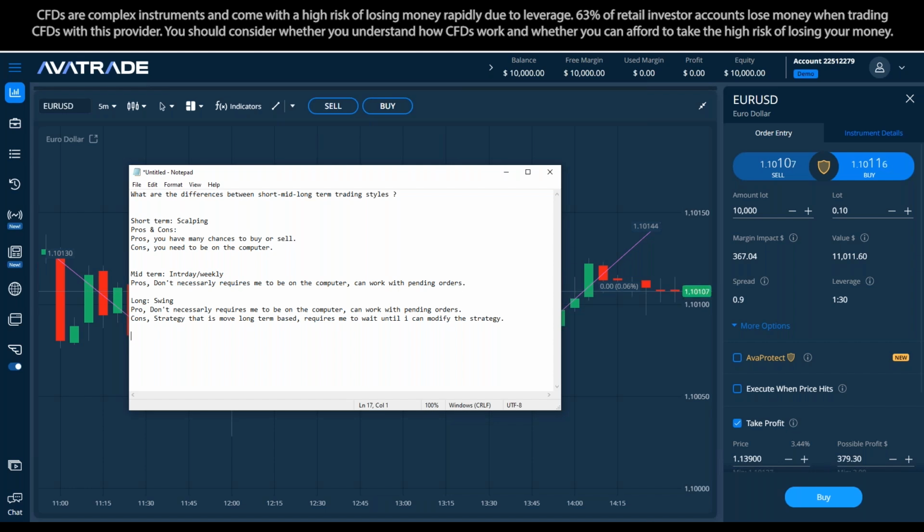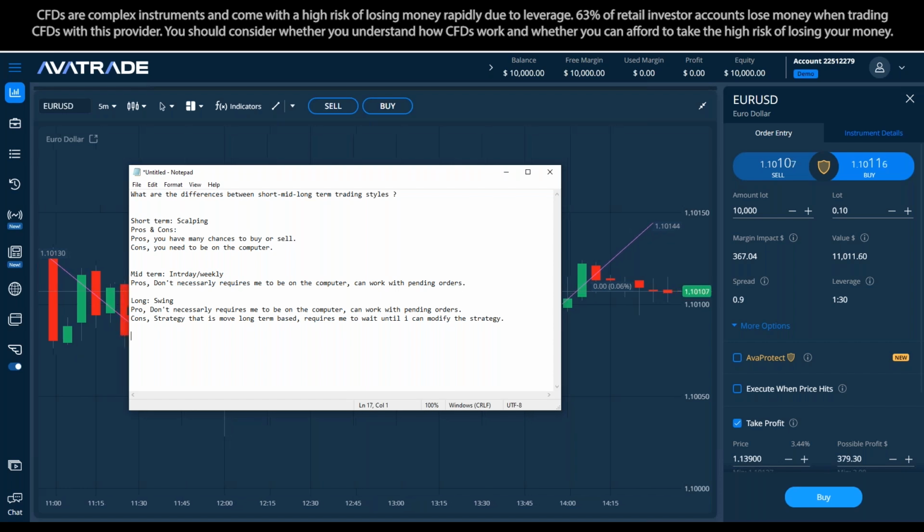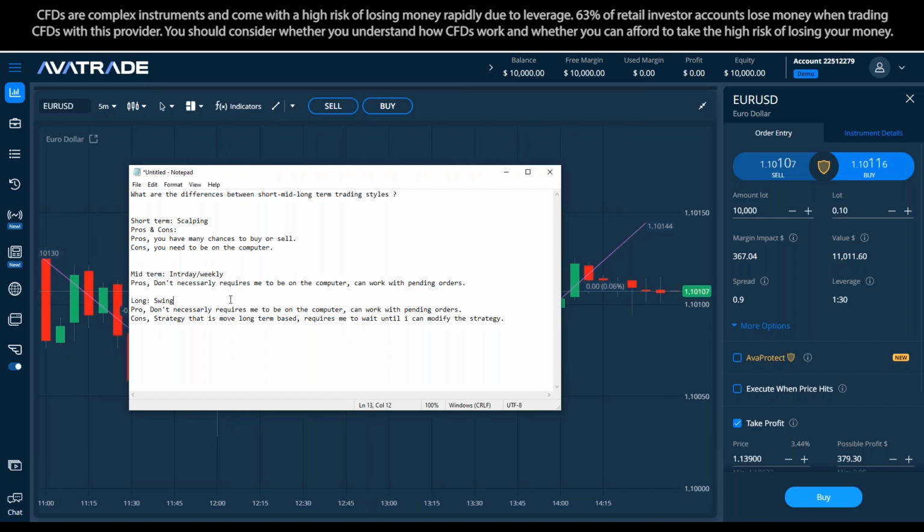With midterm, tomorrow I can go to my position, see if I got what I wanted, I can get rid of it, no problem, then carry on with ease, and I can modify my strategy. When I swing, I open my positions and go away. Again, I can monitor, but I don't really have to. I hope it makes sense.